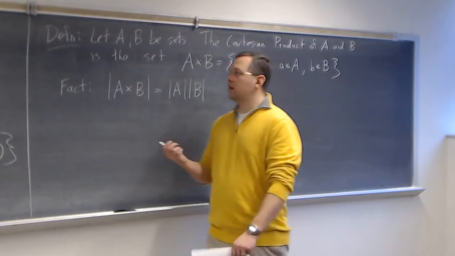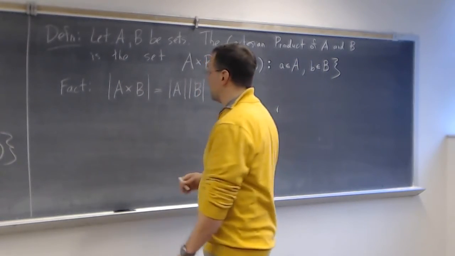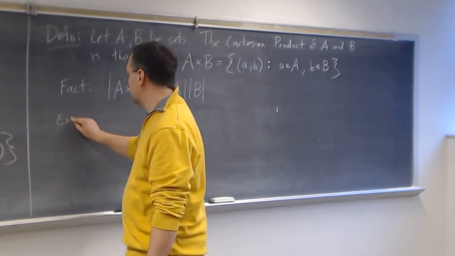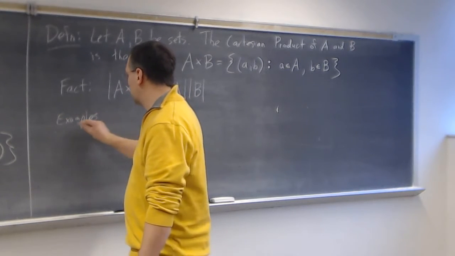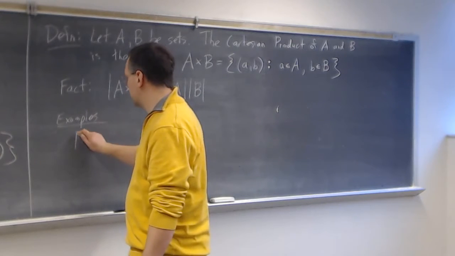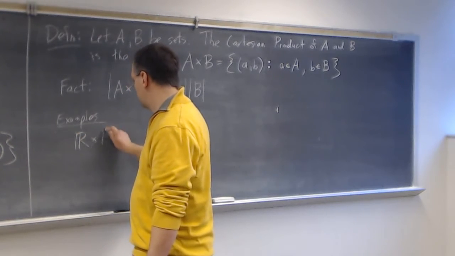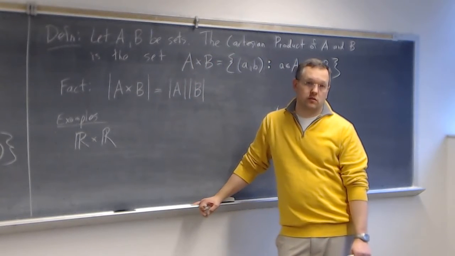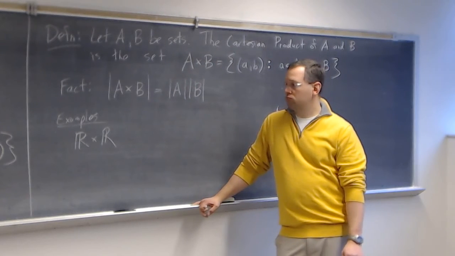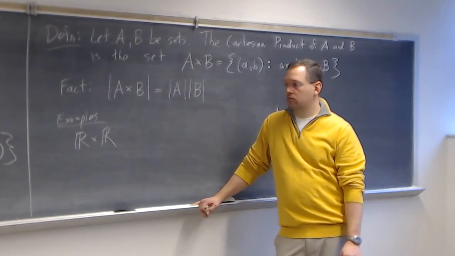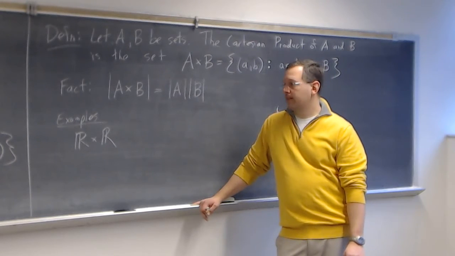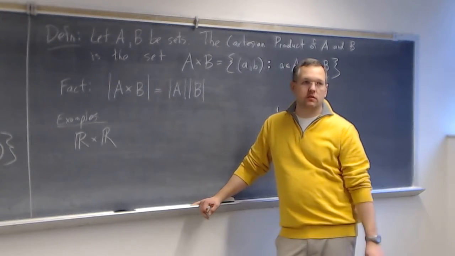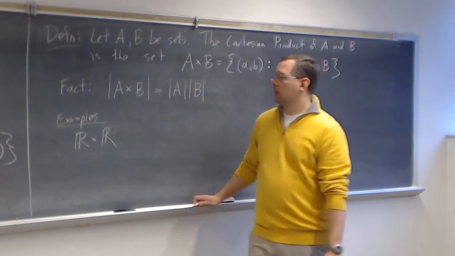All right. So common Cartesian products. You've probably seen this. Let's see some examples. You've all seen this, I'm 100% sure. So what about the Cartesian product of the real numbers with the real numbers? In fact, the last example I had on the board, I used this set. So think about it.